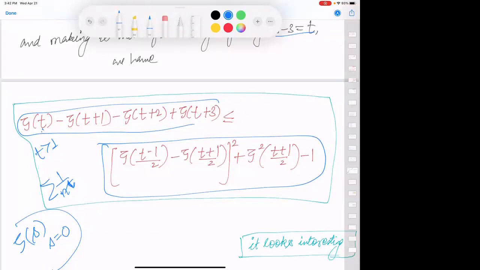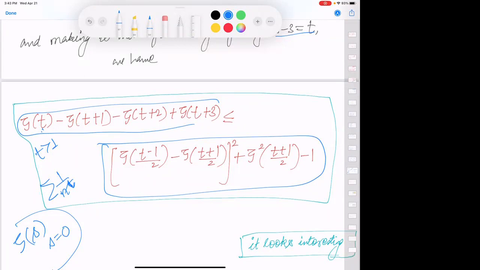And over here in the right hand side of this inequality, you just have half of t plus 1 and half of t minus 1. So at first view, this was quite interesting, and I thought I should have a discussion on this.